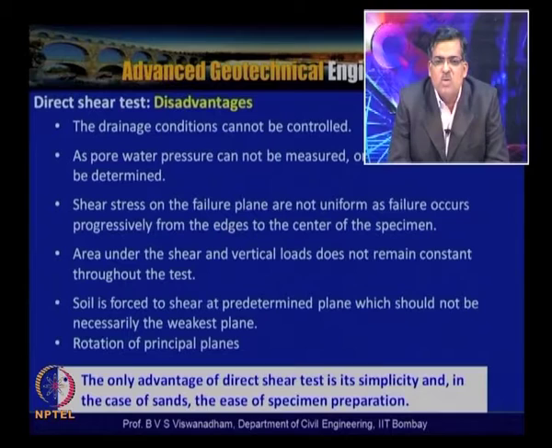So one thing we need to notice is that the shear stresses on the failure plane are not uniform, as the failure occurs progressively from the edges to the center of the specimen. One more observation is that the area under the shear and vertical loads does not remain constant throughout the test, and the soil is forced to shear along the predetermined plane, which is not necessarily the weakest plane.